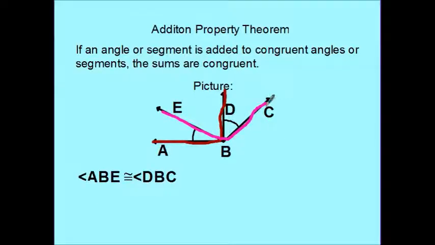What I notice here is that this pink one has angle DBC and this angle over here. And this red one has angle ABE and this angle here. They have an angular segment, in this case an angle, that's going to be shared and added onto it. So, the next thing that we can conclude is that angle ABD is congruent to angle EBC.